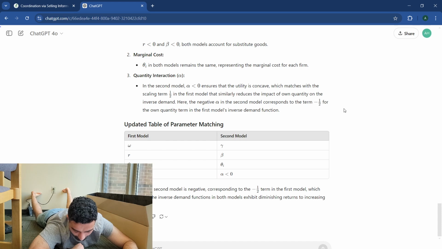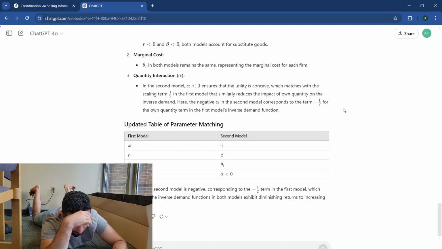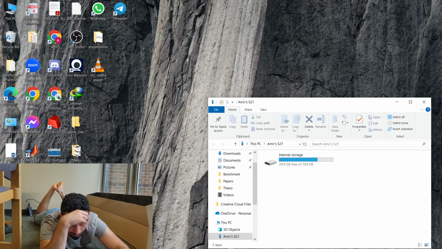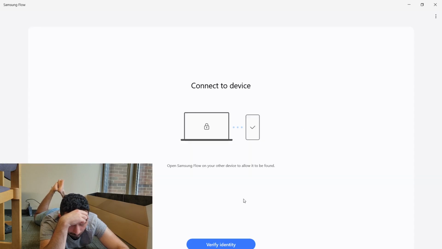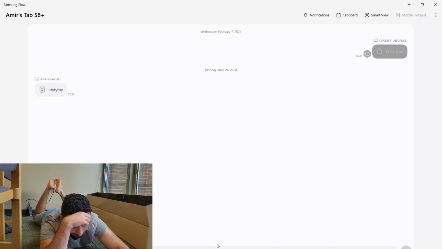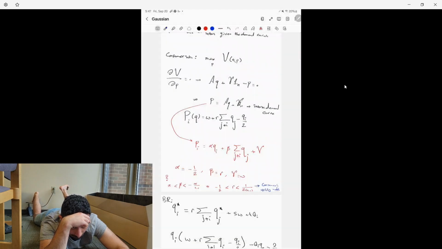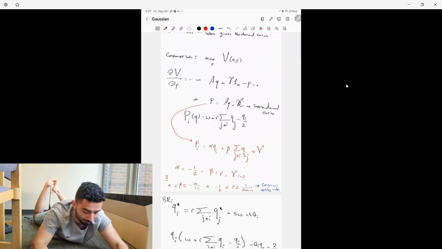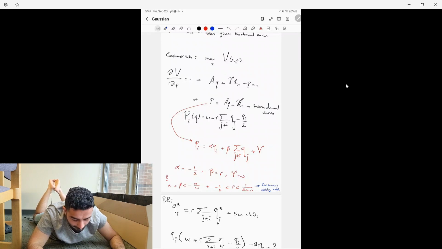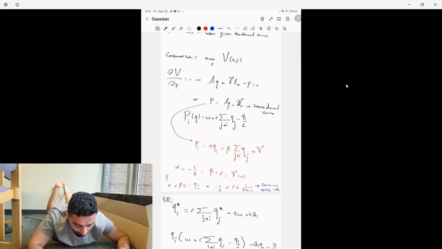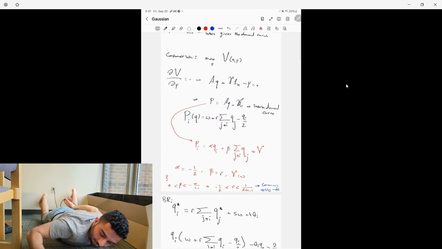Okay, AQ plus gamma n, which will lead to, is it on the diagonal A is, I'm not sure, on the diagonal A is alpha, which is minus 1/2, which gives us minus qi over 2, and off the diagonal A is beta, which is r, which gives us r sigma over qj, and it is also working.